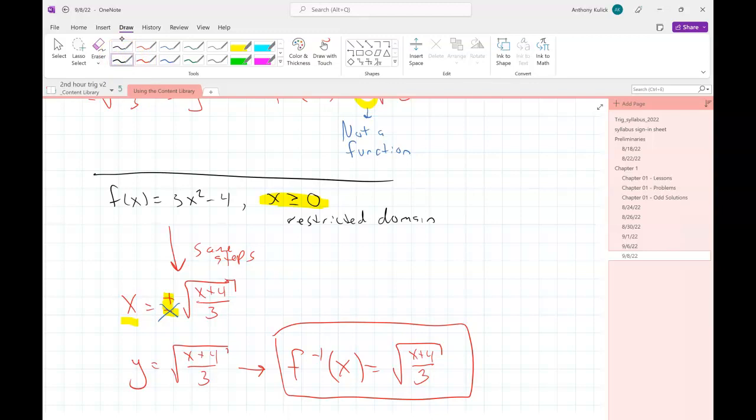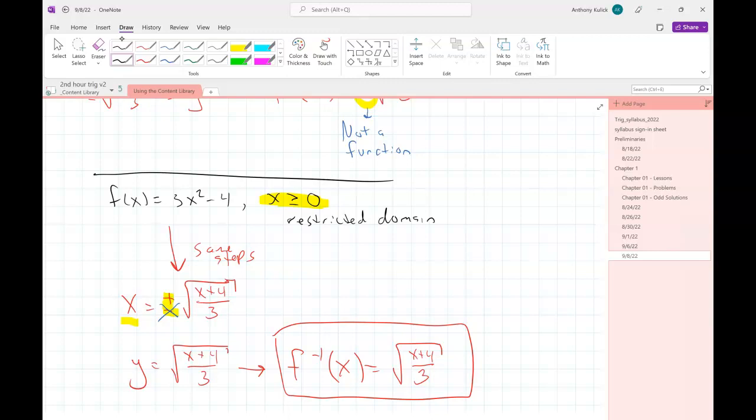Now, why, Mr. Kulik, that seems like a really nitpicky detail, like who really cares? Fair, but this restricting of the domain that we've done here, we're going to do that exact same thing later on in chapter 4, I think, when we talk about inverse trig functions.